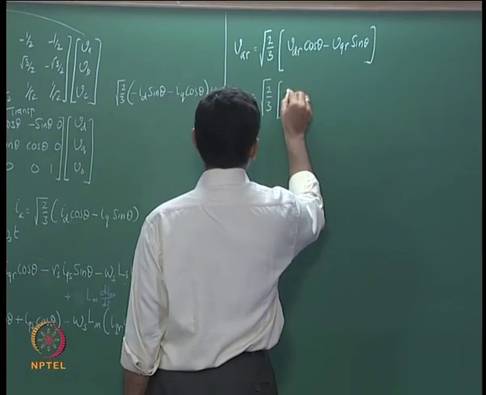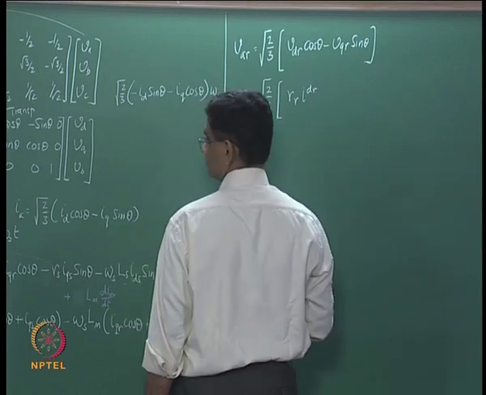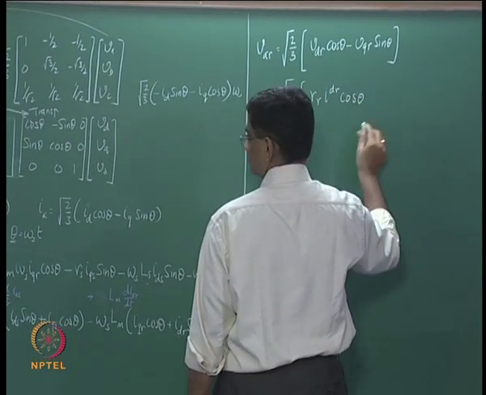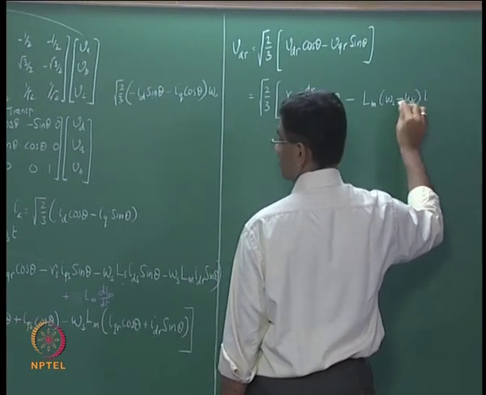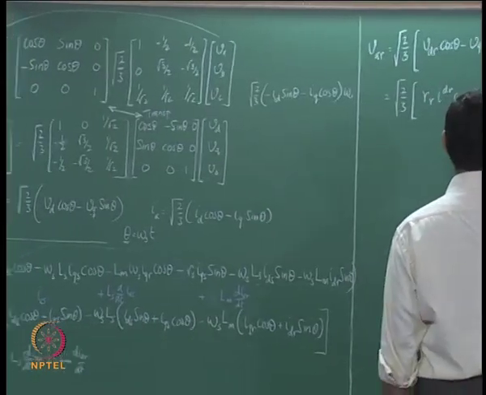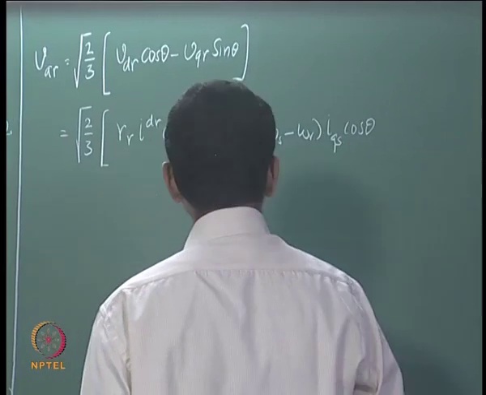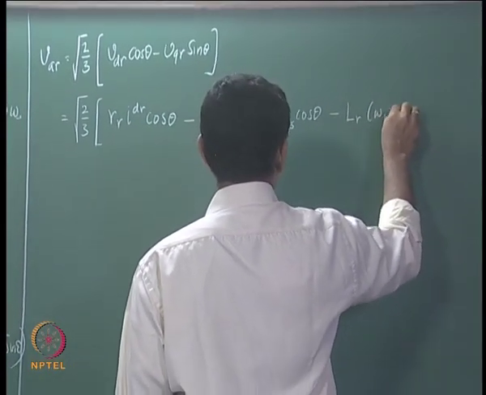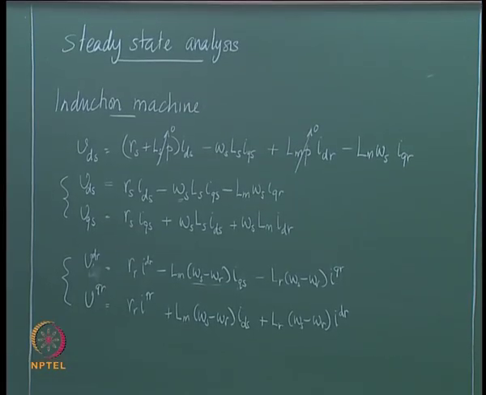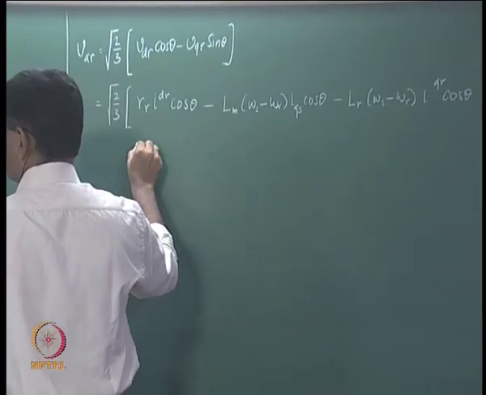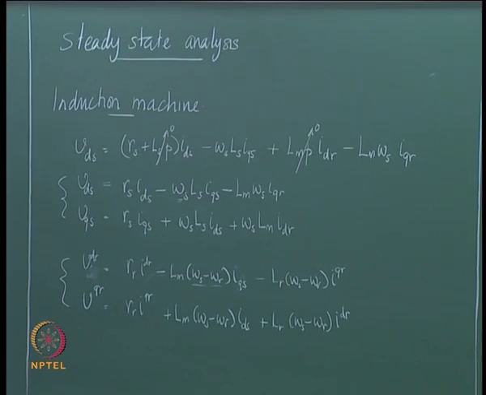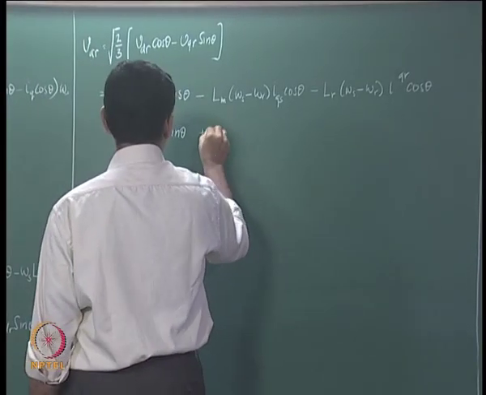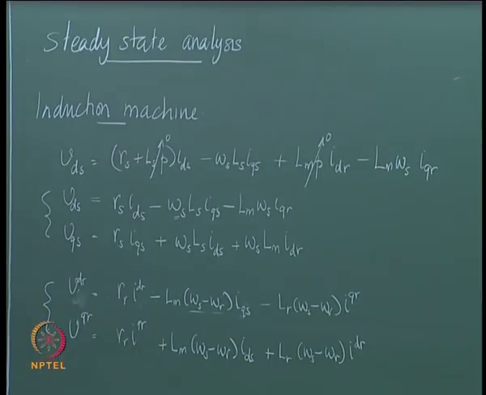So VDR is RR into IDR cos theta minus Lm into omega s minus omega r into IQS cos theta, minus LR into omega s minus omega r into IQR cos theta, plus minus RR into IQR sin theta, and then plus Lm into omega s minus omega r into IDS.